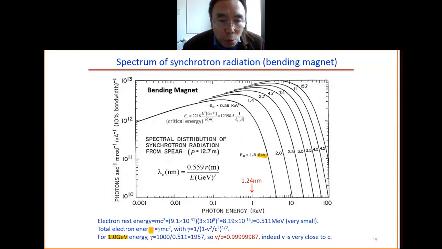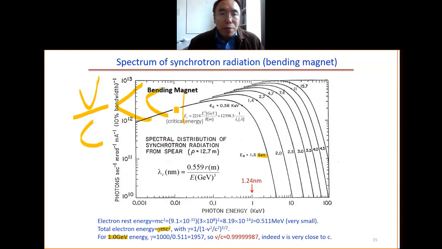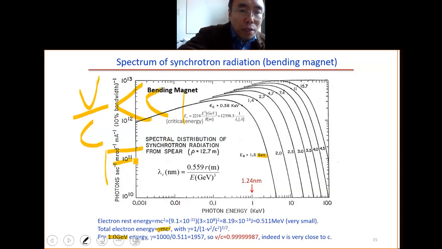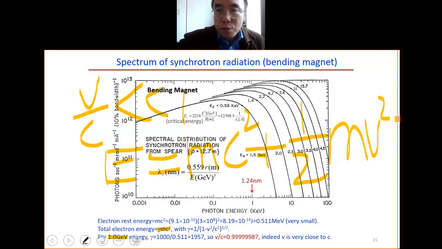Now let's see whether this formula makes sense or not. Gamma mc square. What will be the case if v over c is much smaller than 1? If it is much smaller than 1, the total energy should be two terms: the rest energy plus 1 over 2 mv square.